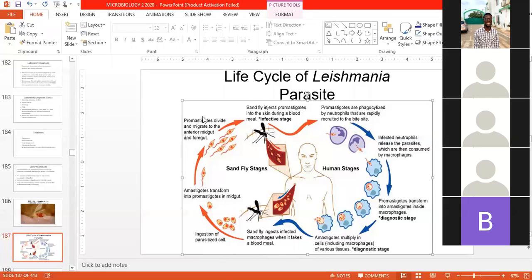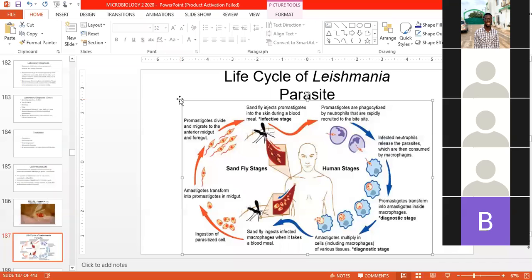So it transforms back to the promastigote, which then becomes the infective stage once again. Are we getting it? First, the infective stage, the promastigote within the sandfly, will be injected into man when the sandfly is taking a blood meal.